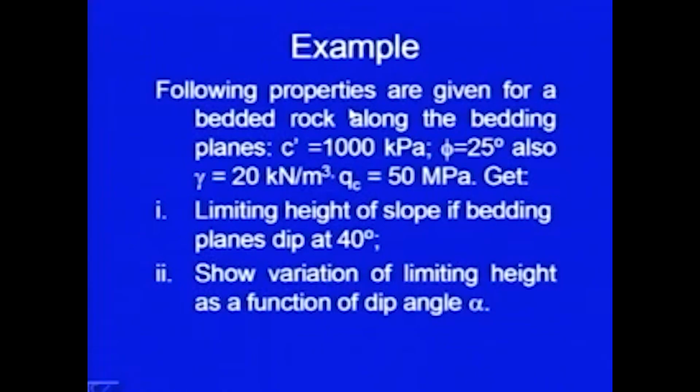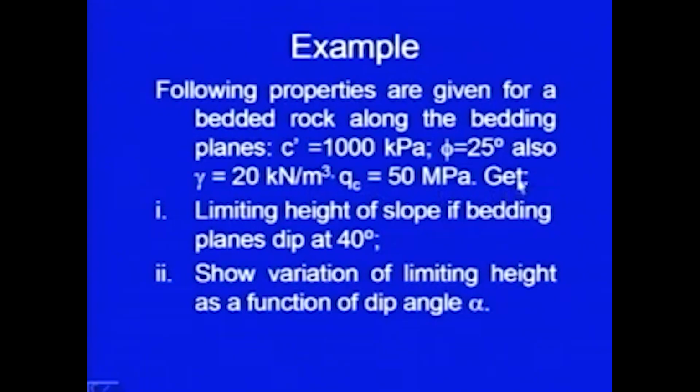To explain this particular case, let us have an example again. The following properties are given for a bedded rock along the bedding planes. C dash is 1000 kPa, phi dash is 25 degree, gamma is 20 kilonewton per meter cube, and UCS is 50 MPa.